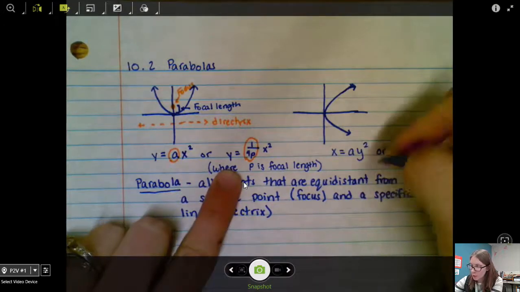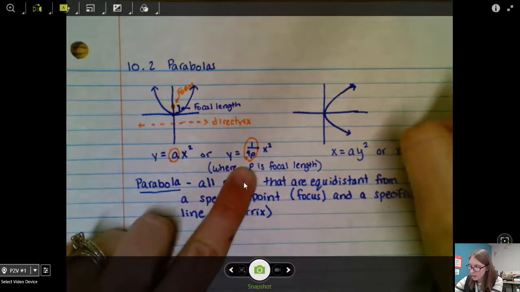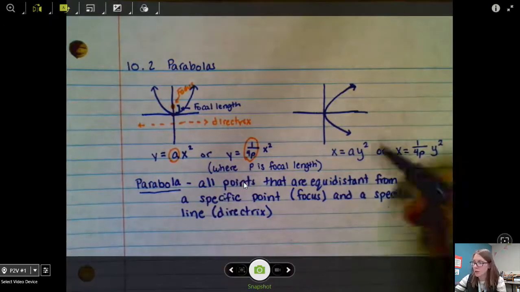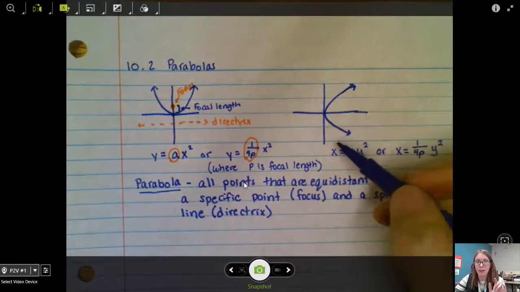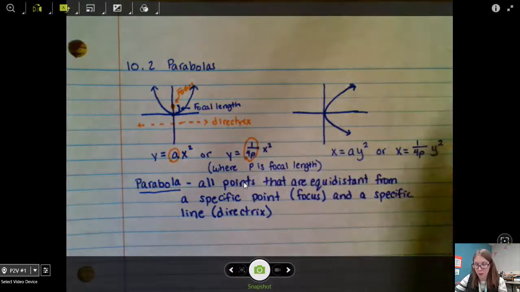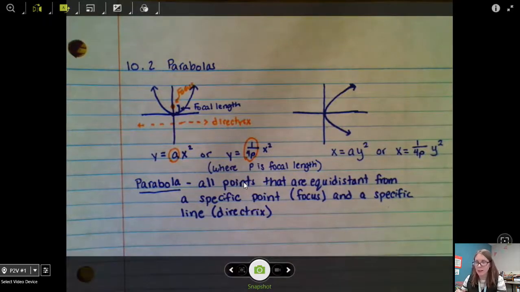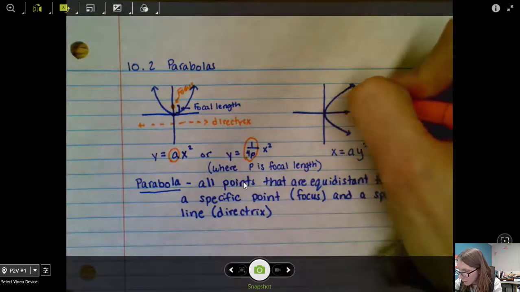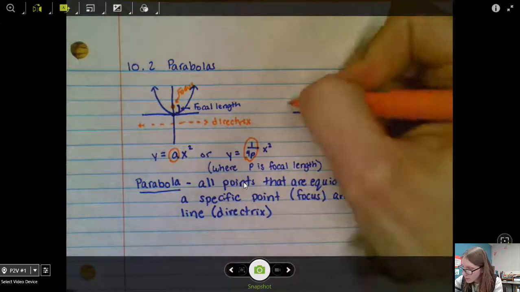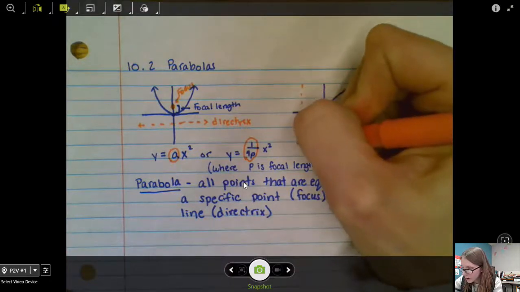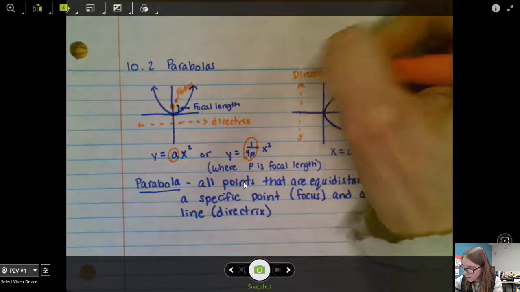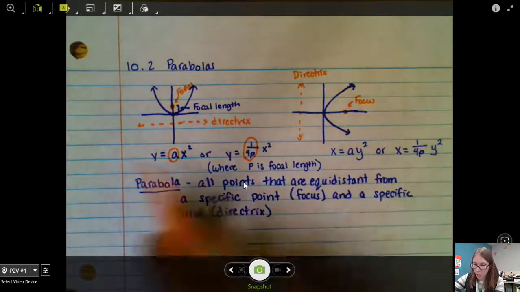Or if we look at our other form here, x equals 1 over 4p times y squared. So if the x comes first, we have a sideways parabola. If the y comes first, we have a vertical parabola. But the same idea, even these sideways parabolas, we have a focus, we have a directrix, and p is that focal length.